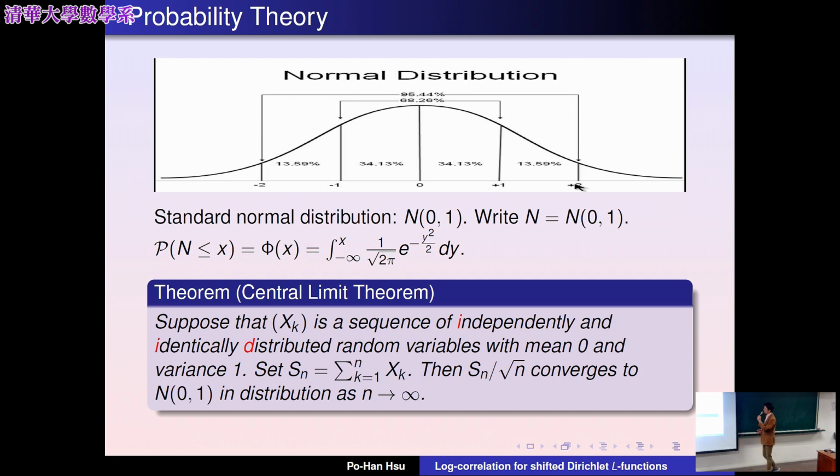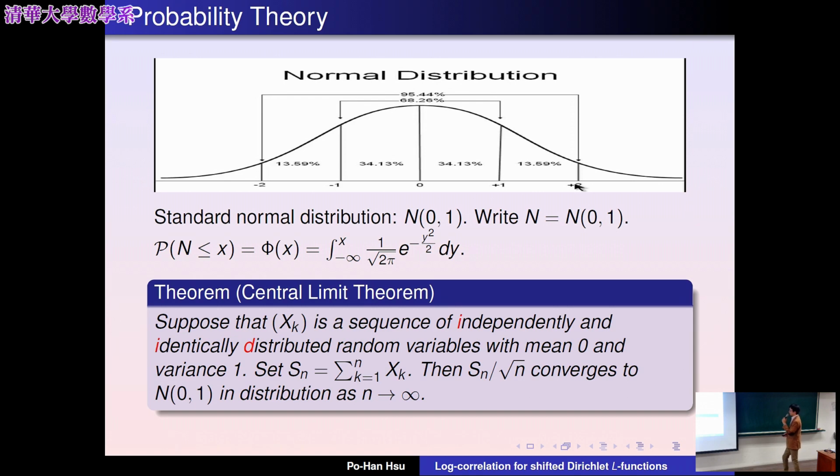It says if you have IID, independent identically distributed random variables with mean 0 and variance 1, then you sum them up, divide by square root of n, and you take n to infinity, then the distribution of this guy converges to the distribution of normal 0, 1.